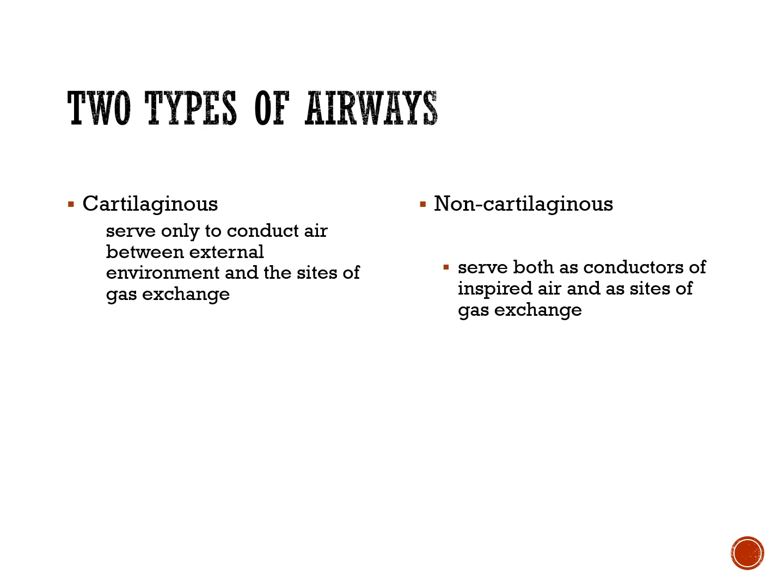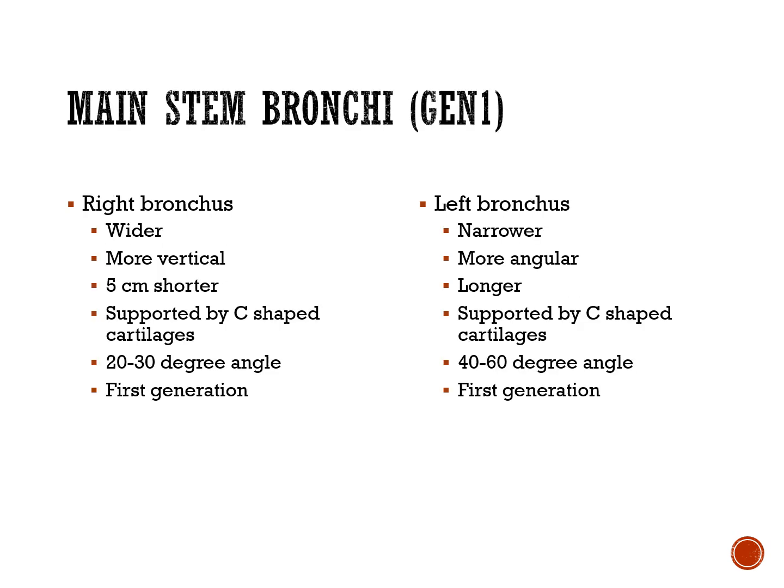Airways can also be divided into two types depending on the presence of cartilage in their wall. The cartilaginous ones include trachea, main bronchi, lobar bronchi, and segmental and subsegmental bronchi, whereas the non-cartilaginous ones include bronchioles, terminal bronchioles, respiratory bronchioles, and alveolar ducts. This slide shows main features of main stem bronchi.